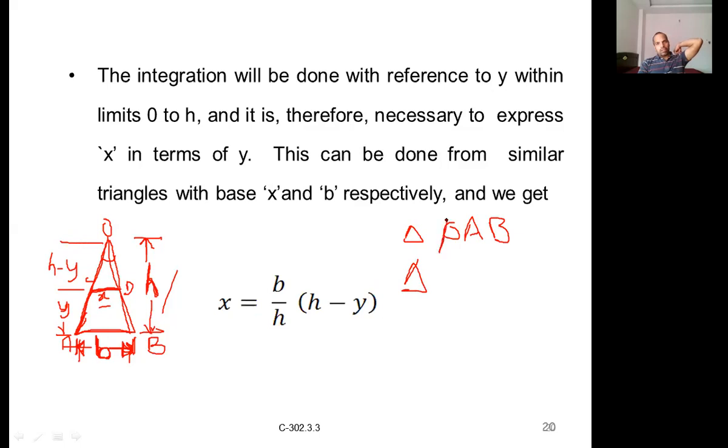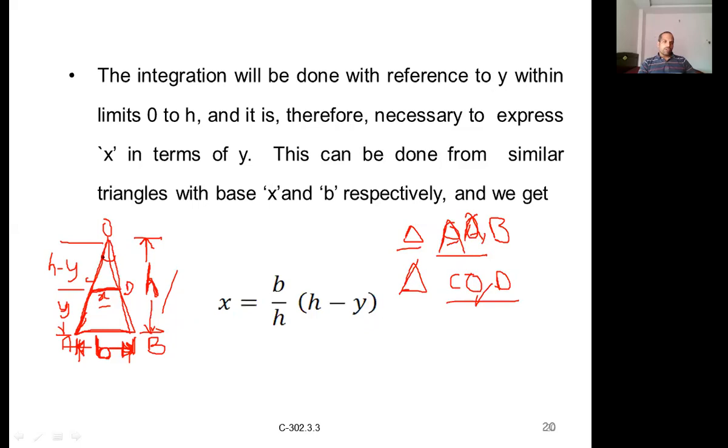It is better to write AOB, not AC, because the angle at this point is the same. Triangle AOB and triangle COD both have equal angles at O. Now use the similar triangle principle.